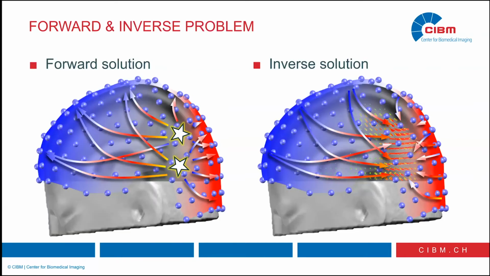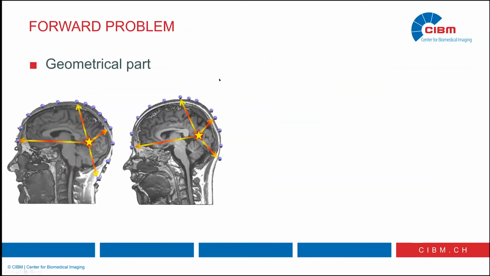So the forward solution is twofold, and one part is geometrical, and that's kind of the focus of today. Geometrical in the sense that what we are interested in is the geometrical relationship between a source here and the electrodes, how the signal will spread to the surface electrodes. And here I show two real-life subjects.